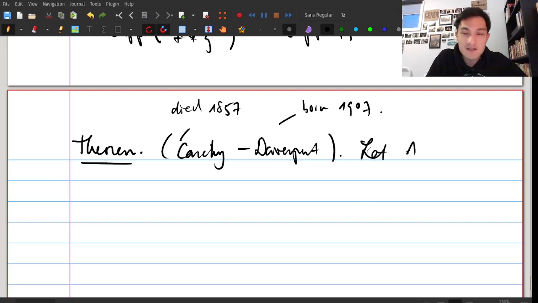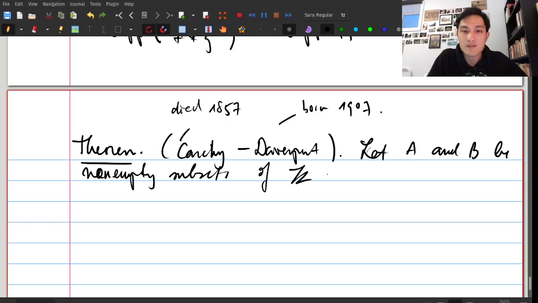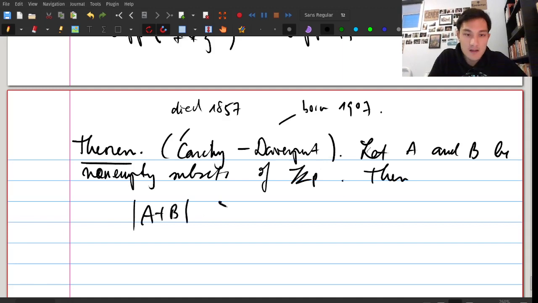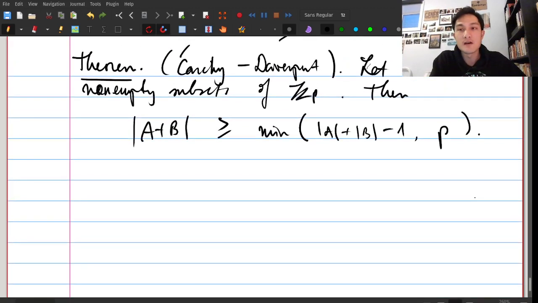The theorem says: let A and B be non-empty subsets of the cyclic group of prime order P. Then the size of A plus B is at least the minimum of the size of A plus the size of B minus 1, and P. So it's giving a lower bound on the size of a sumset.